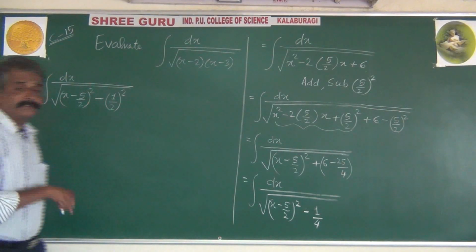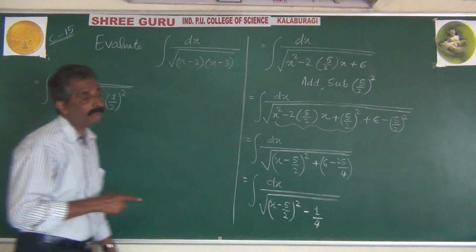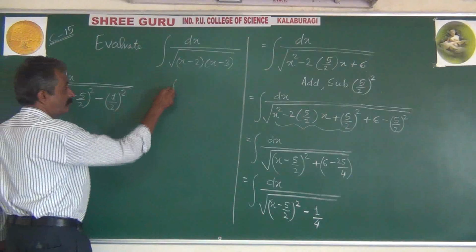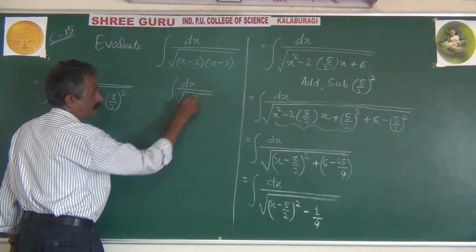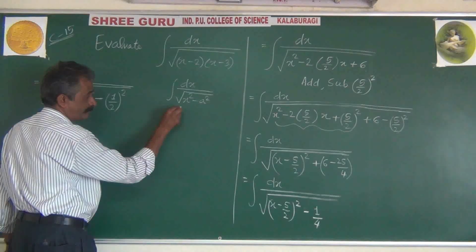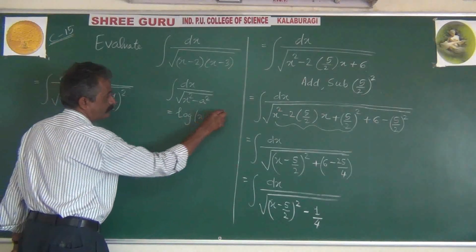And after all this hard work, you need to apply at the end the correct formula which is suitable. Just like in the form of integration dx by the root of x square minus a square, whose formula is log of x plus the root of x square minus a square.